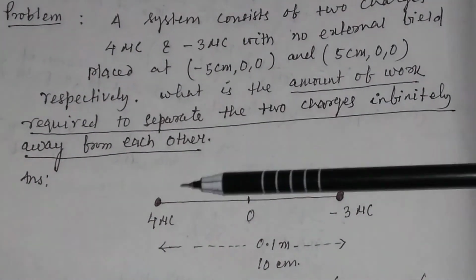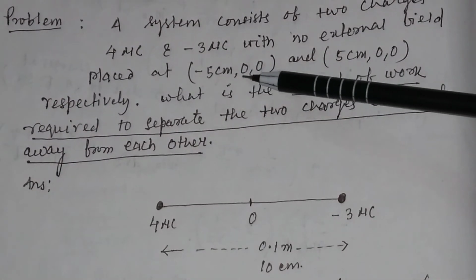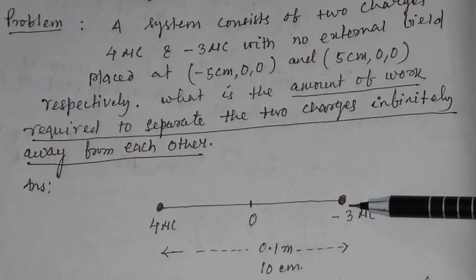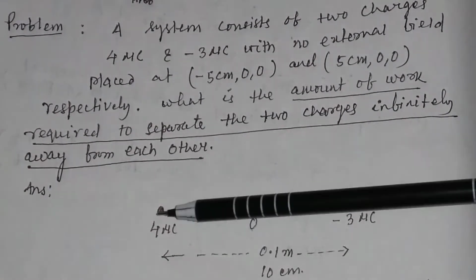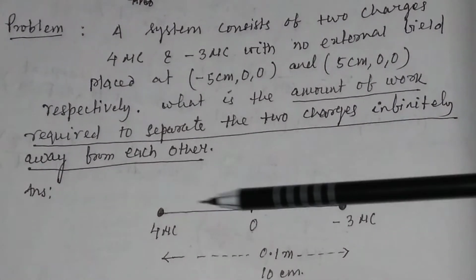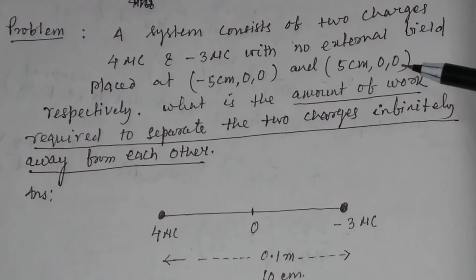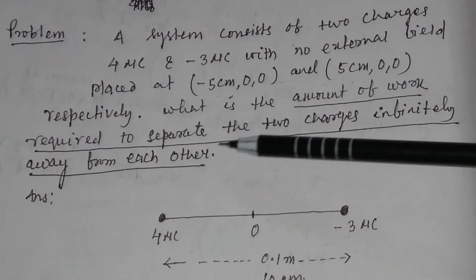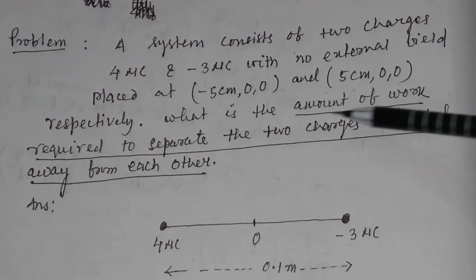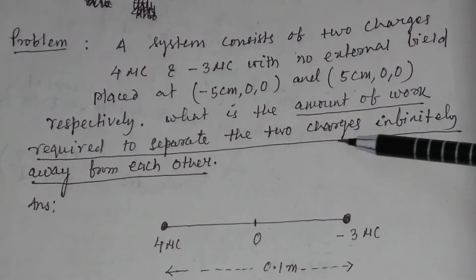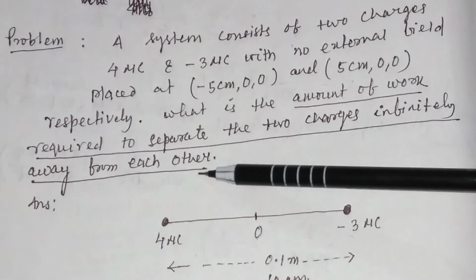Suppose this is the 4 microcoulomb charge placed at minus 5 centimeter, 0, 0, in y and z coordinates, and this is the minus 3 microcoulomb at 5 centimeter, 0, 0. There is no external field here. What is the amount of work required to separate the two charges infinitely away from each other?